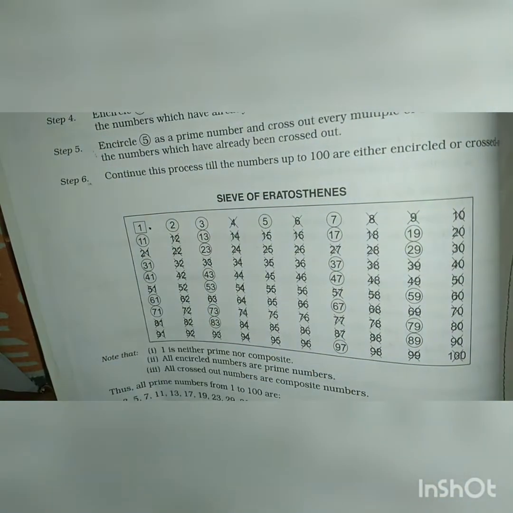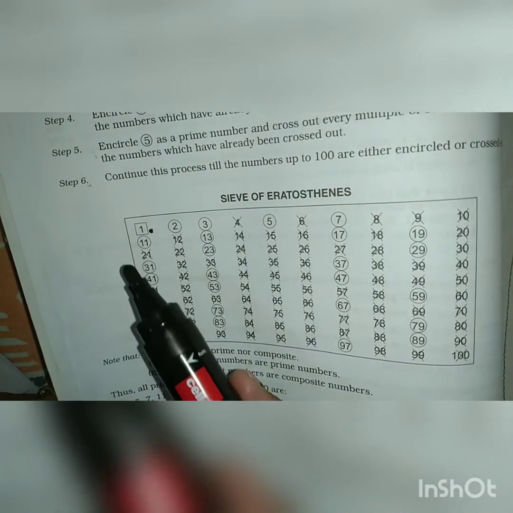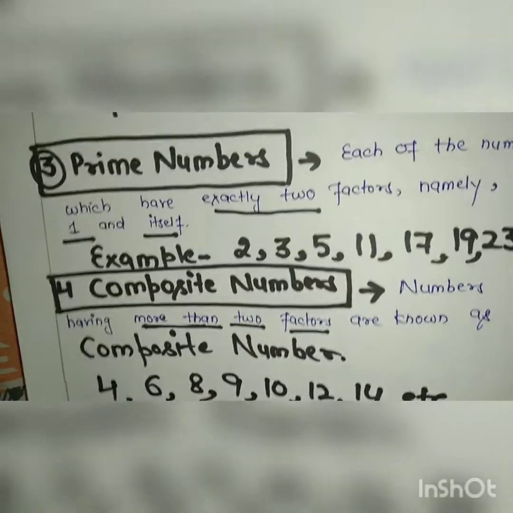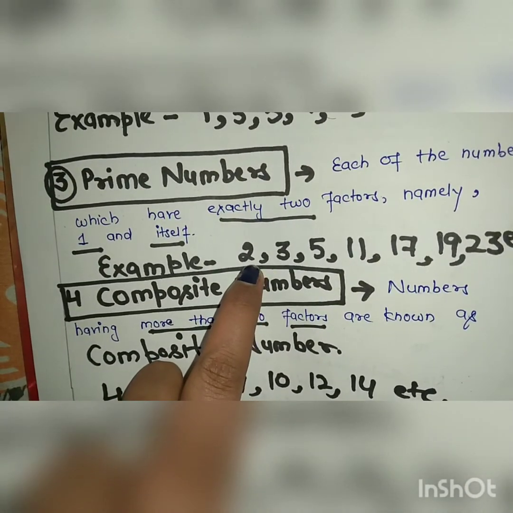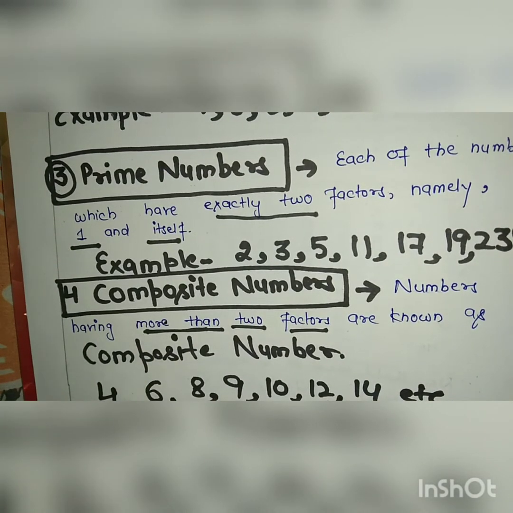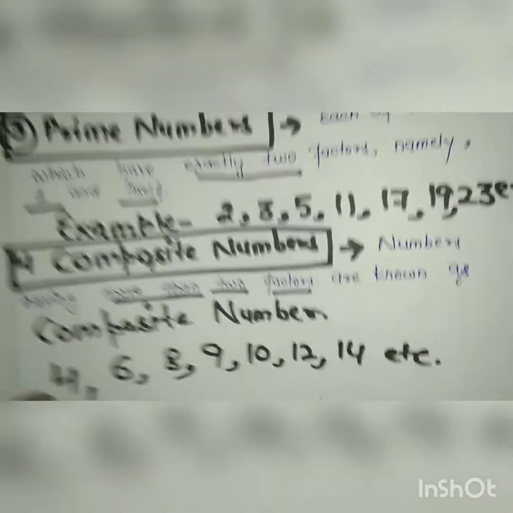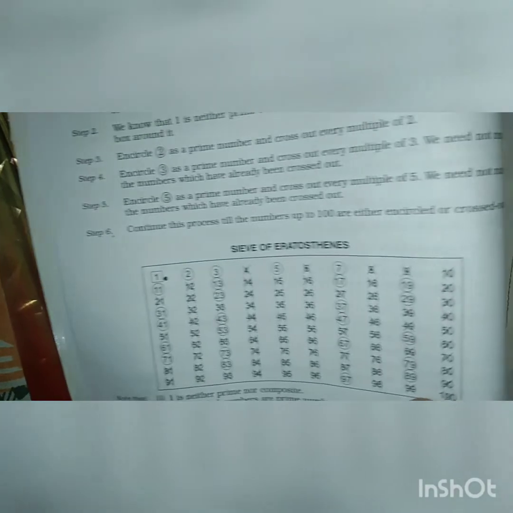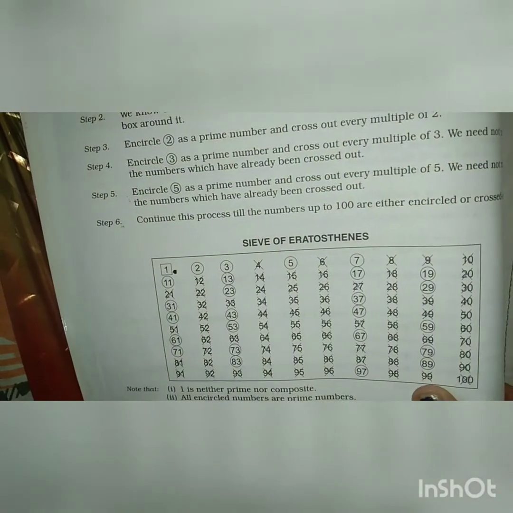An example of a prime number is 2 and of a composite number is 4. So 1 is neither a prime number nor a composite number.